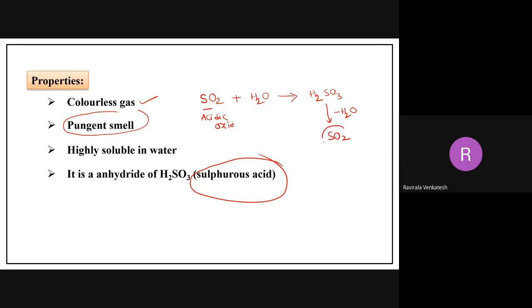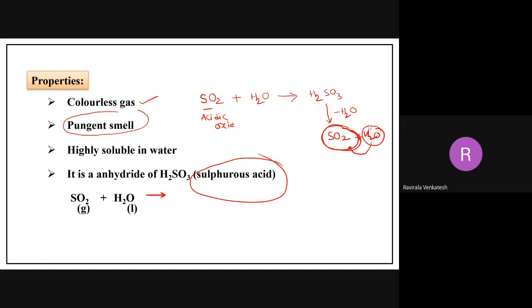SO2 में water नहीं है ना. अगर water है तो क्या होता है ये? If SO2 contains water, क्या होता है बेटा ये? H2SO3 हो जाएगा. So what I am saying, anhydride of H2SO3 means which is not having water in this one. SO2 does not have water, therefore anhydride of H2SO3. No water it is having.